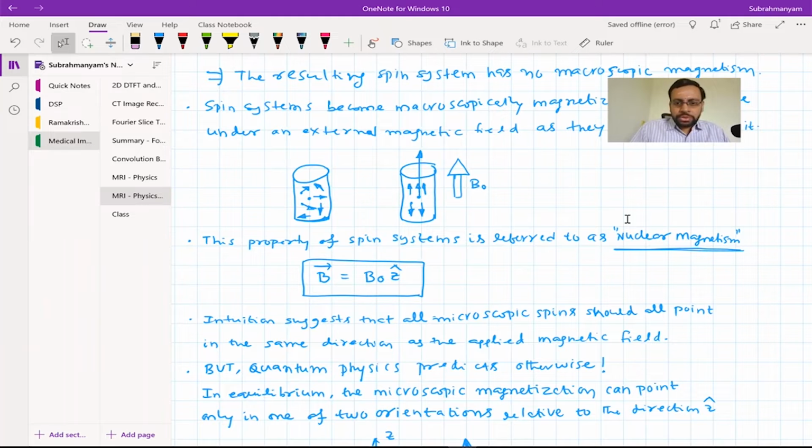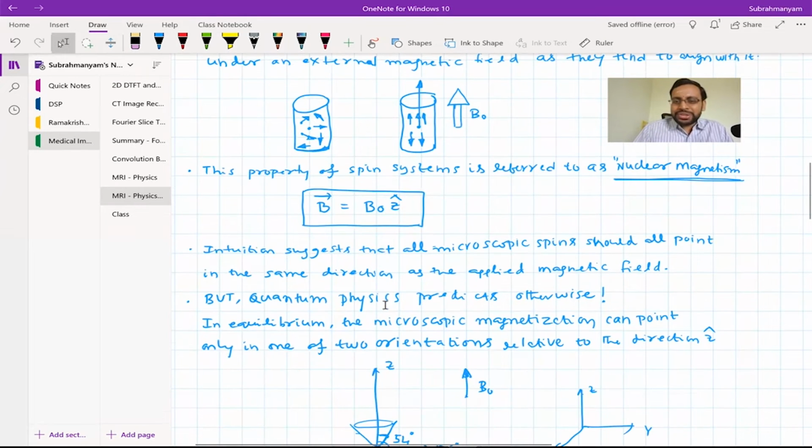Now consider a special case where you assume that your sample is in the xy plane. Assume that you are applying your magnetic field in the z direction. Our intuition tells us that there is a force here and everything should go in that direction.